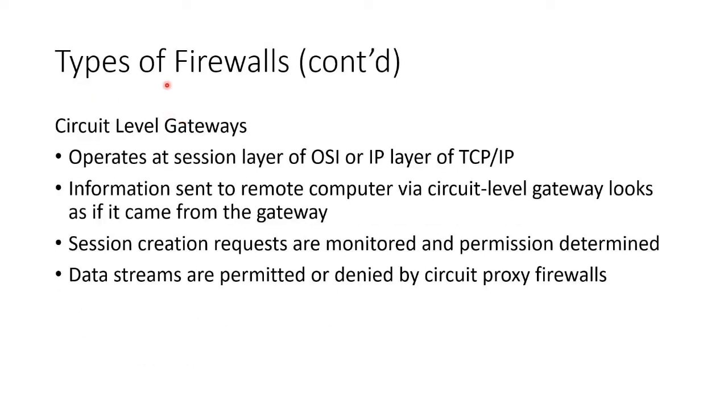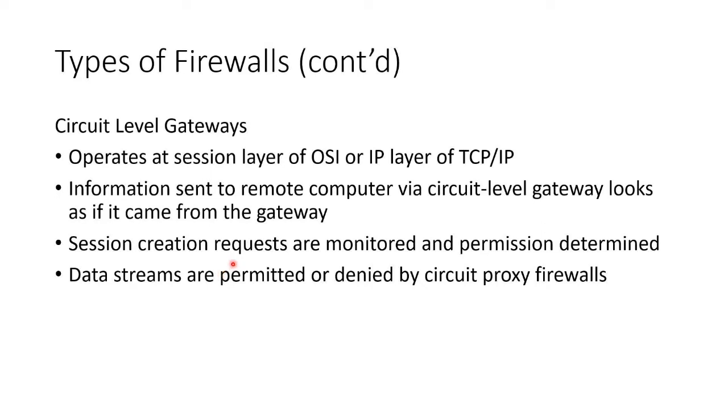You could also have another type of firewall called a circuit level gateway. This works at the session layer of the OSI model. It also works at the IP and TCP and UDP layer of TCP/IP. Information is sent to a remote computer via a circuit level gateway. It looks as if it came from the gateway.